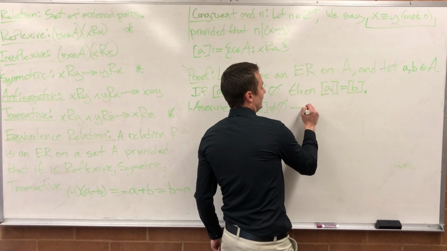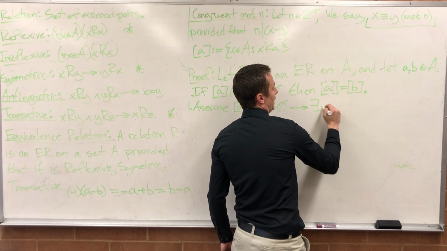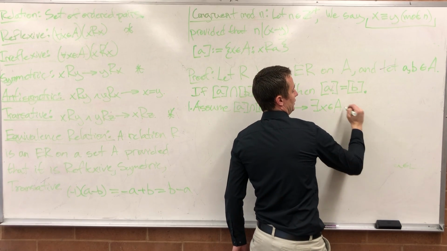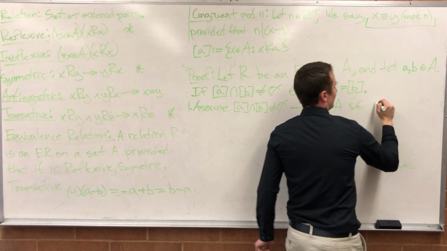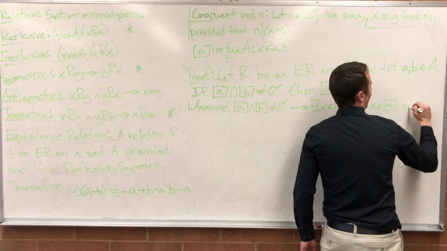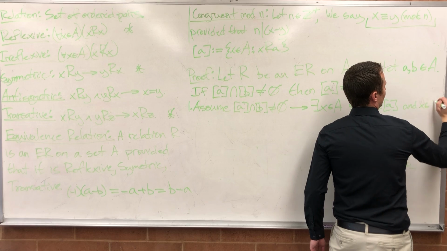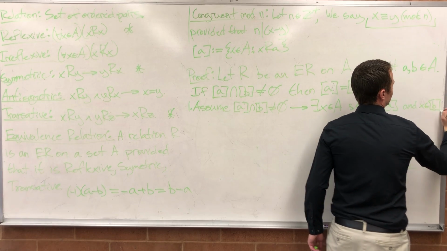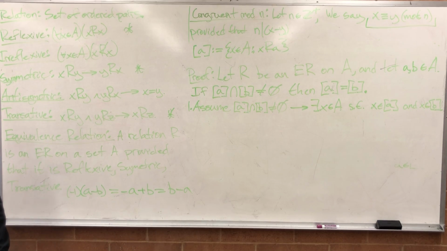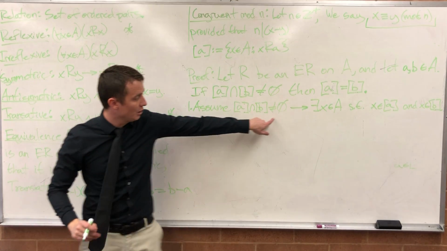So that implies that there exists some x in the initial set, A, that we have our equivalence relation on, such that x is in A's equivalence class and x is in B's equivalence class. That's what it means for their intersection to not be empty.